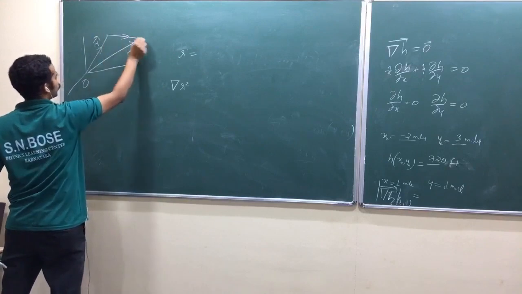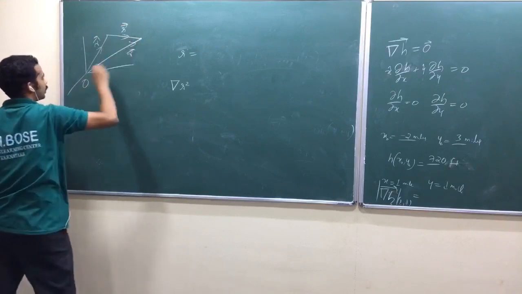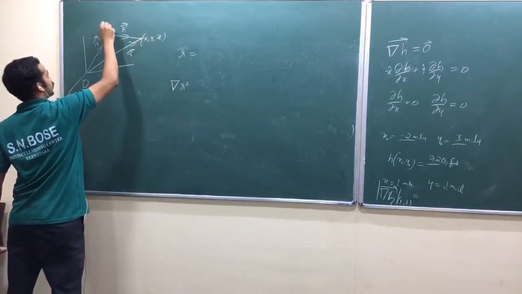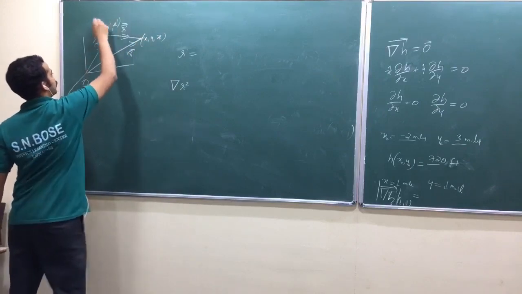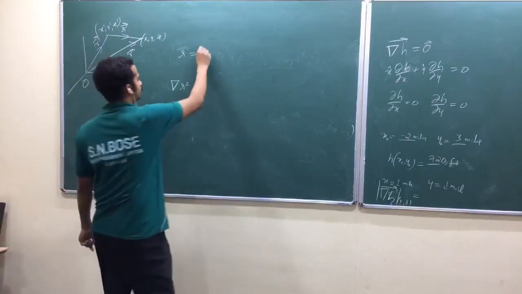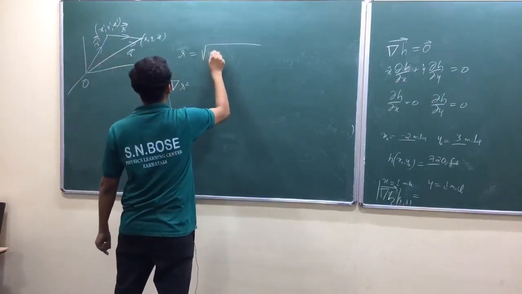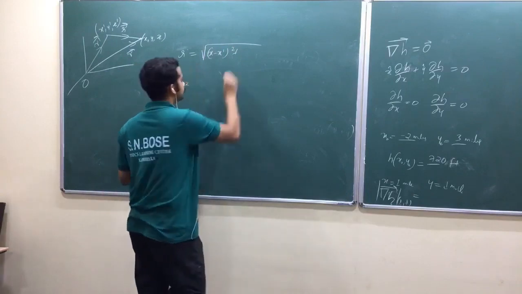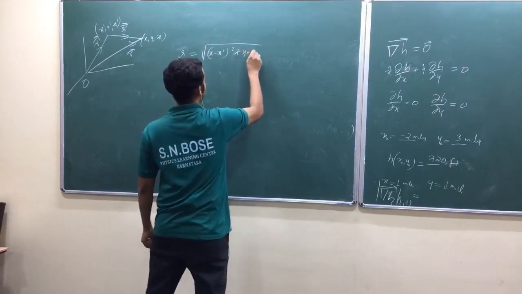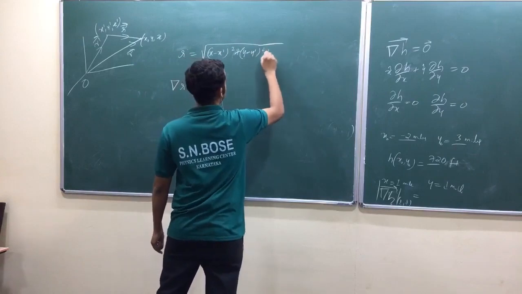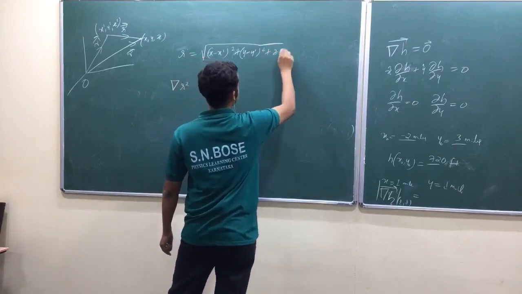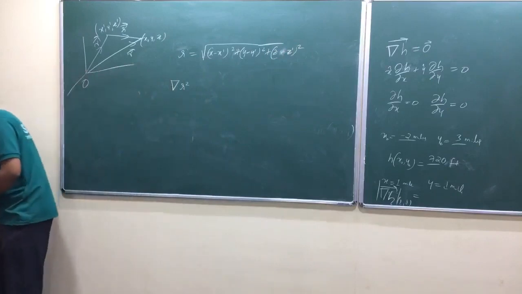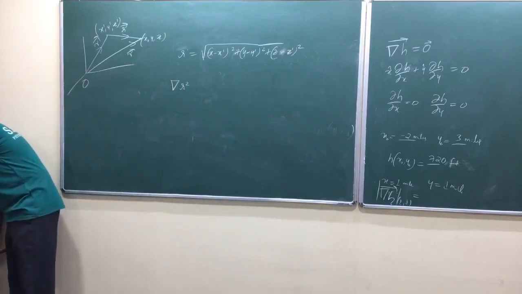So from source to field point, that's your italic r, am I right? X comma y comma z, x prime comma y prime comma z prime. Is that okay? So now italic r is equal to root of x minus x prime the whole square plus y minus y prime the whole square plus z minus z prime the whole square.